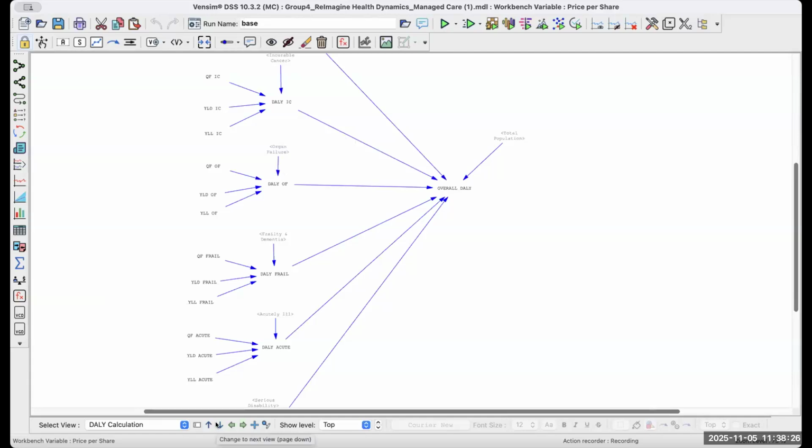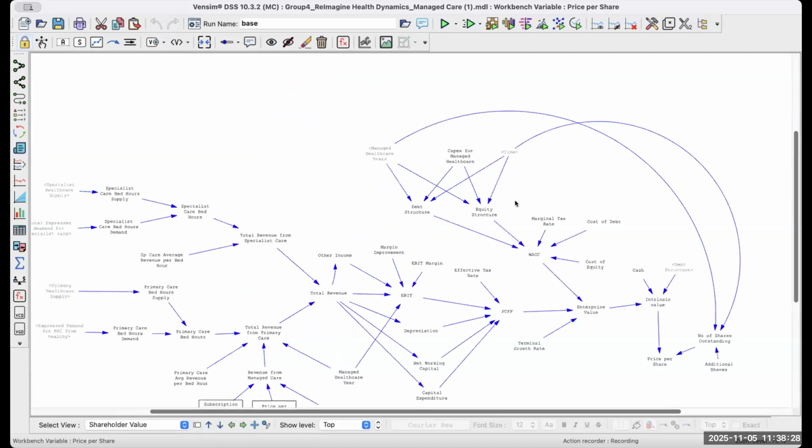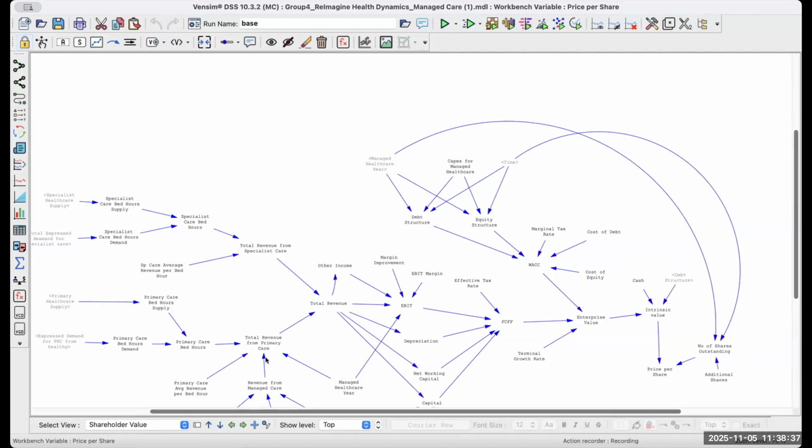Then as part of the final assignment, you had to look at the valuation potential for building a managed care model within this ecosystem. There were other options as well. Because this was a business course, people had the option to choose.